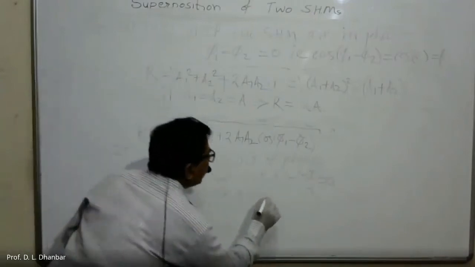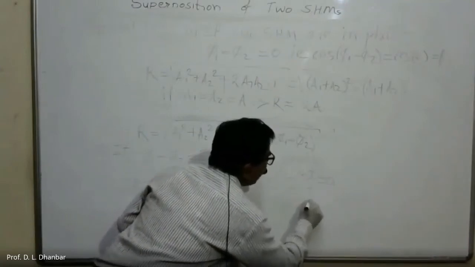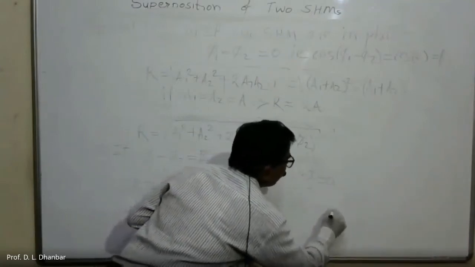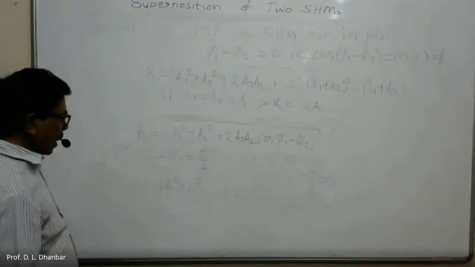Finally we get R equal to under root a1 square plus a2 square.